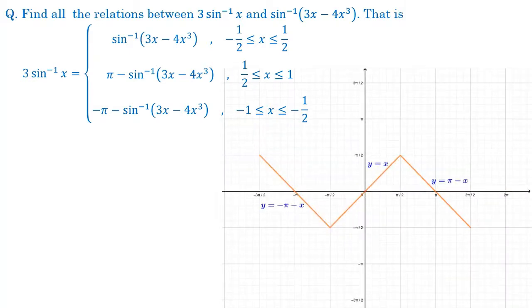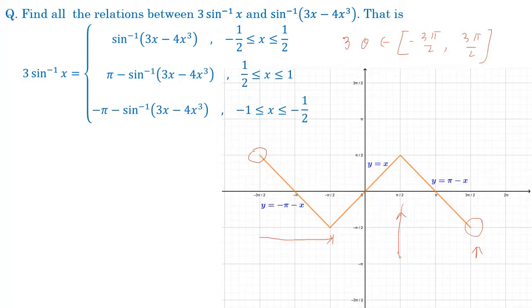Already we got that 3 theta belongs to minus 3 pi by 2 up to 3 pi by 2. And here you see it is starting from minus 3 pi by 2 up to 3 pi by 2. And here also 3 branches. The first branch is minus 3 pi by 2 up to minus pi by 2, then from minus pi by 2 up to pi by 2, and then pi by 2 up to 3 pi by 2. So there are 3 branches again.